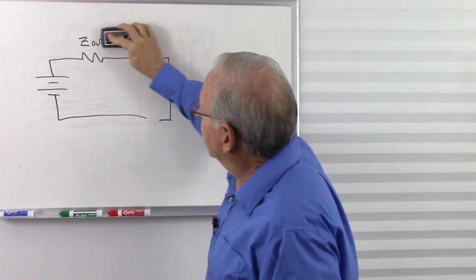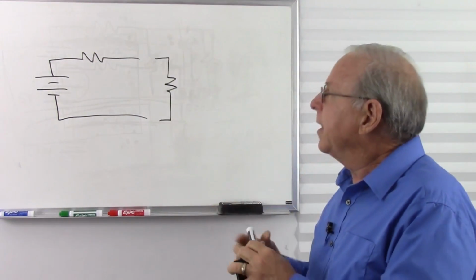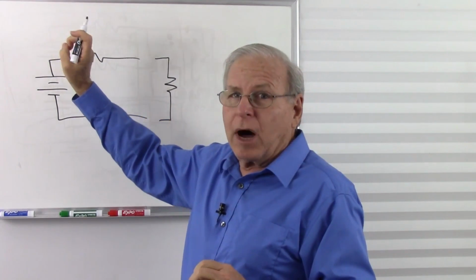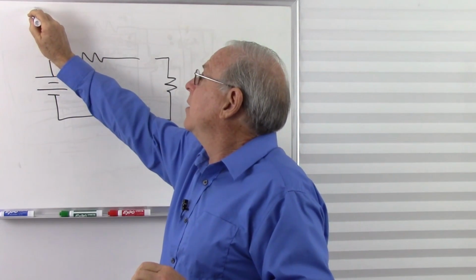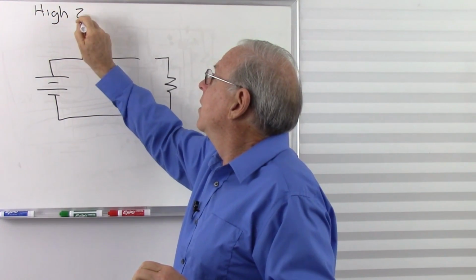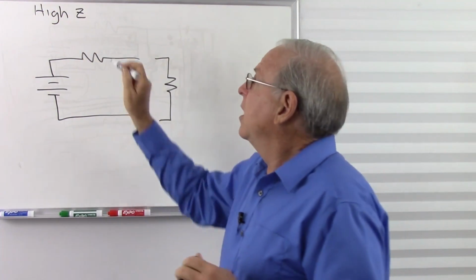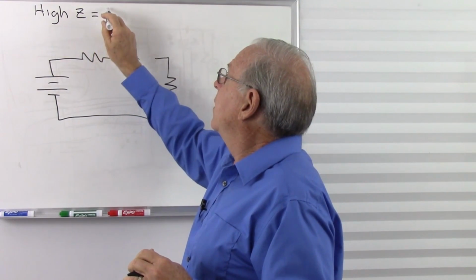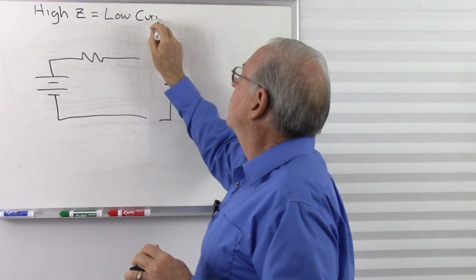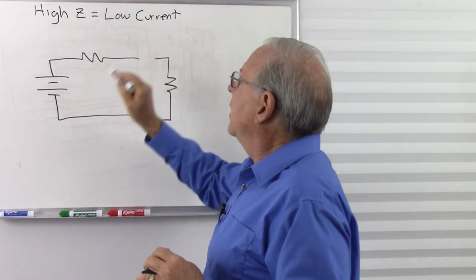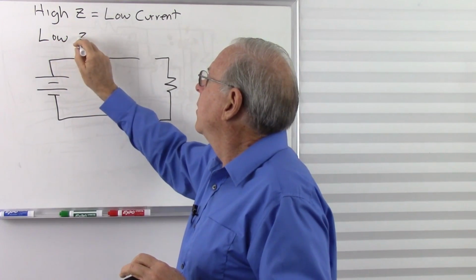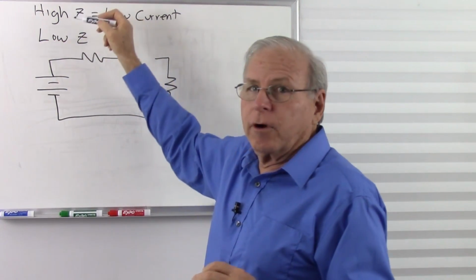So how do these interact with each other? Let's get the clutter away here for just a minute so I can write on the board. And a couple of things to remember, a little mantra, if you will, is that a high impedance, like a high resistance, is associated with a low current. And a low impedance, I'm using the Z for impedance.